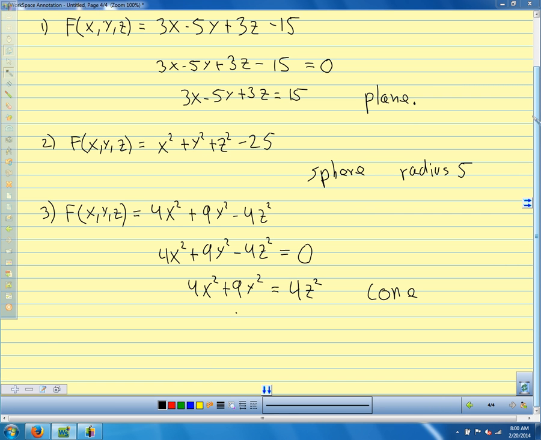All right, last one. And again, my hope is by the end of the semester that we look at these things and we say, oh, that's a cone. Oh, that's a sphere. Oh, that's a paraboloid.